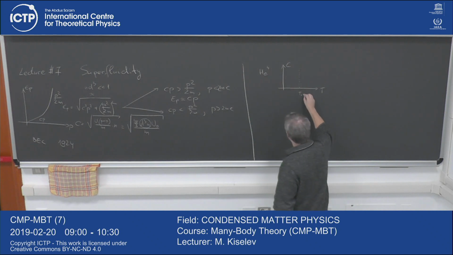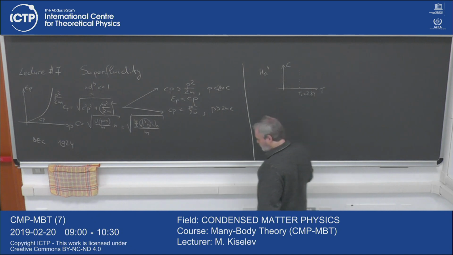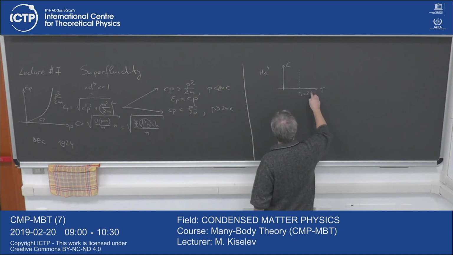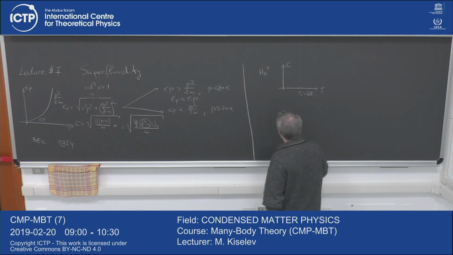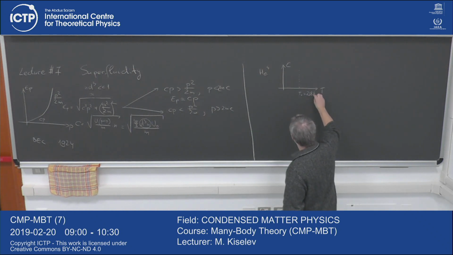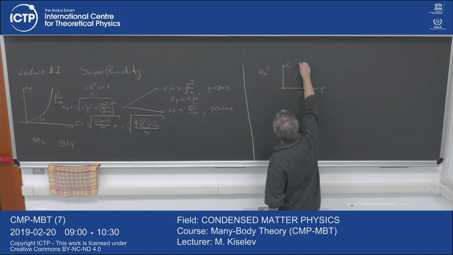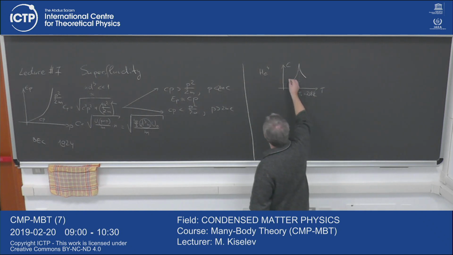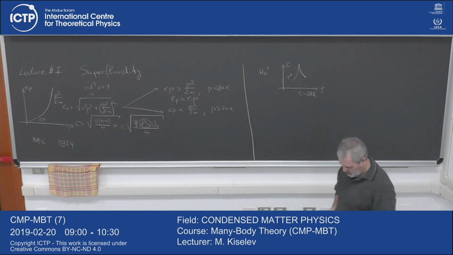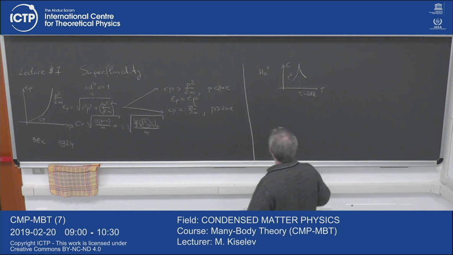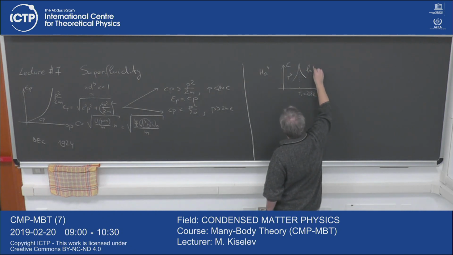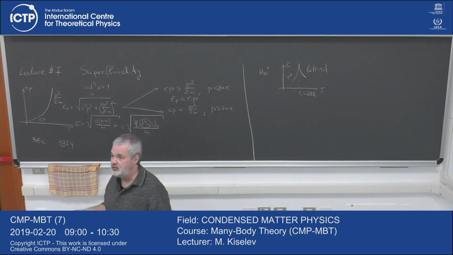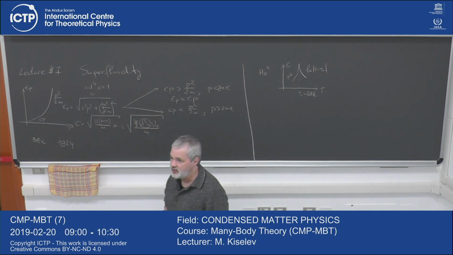At some T naught, which is 2.18 Kelvin, it demonstrates a shape which resembles the Greek letter lambda, namely for low temperatures the specific heat due to phonons behaves as T cubed, while around T naught it's log of T minus T naught. This was an immediate indication of some sort of phase transition in the system.